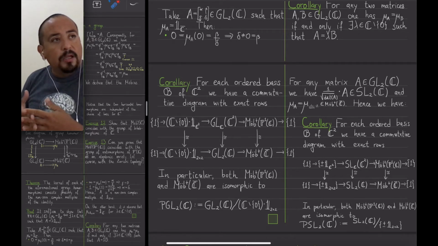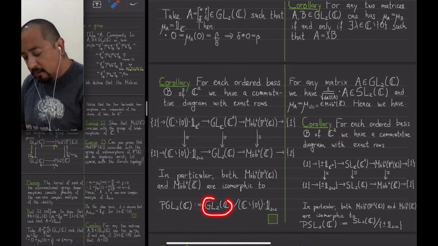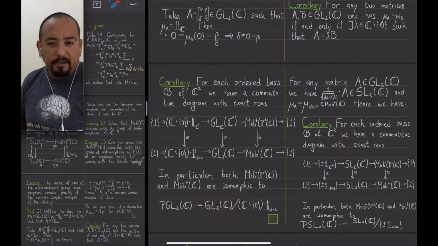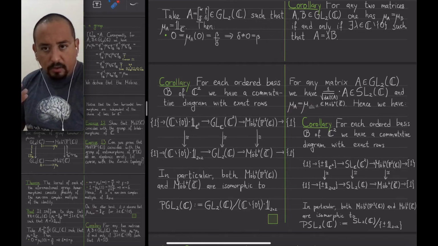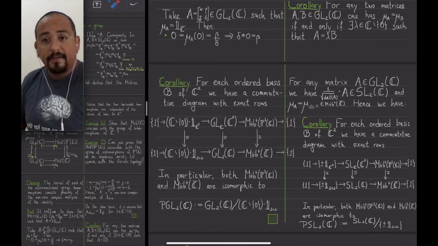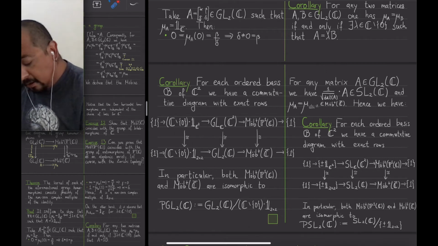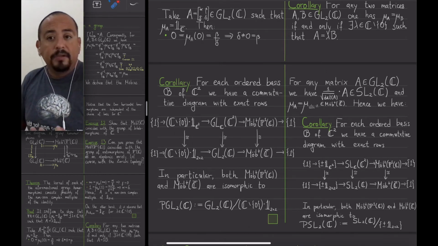Can we focus our attention on a group that is not necessarily the whole GL2C, but maybe a smaller group, and still get all possible Möbius transformations of C bar? And the answer is yes, because we know that the determinant is multilinear.